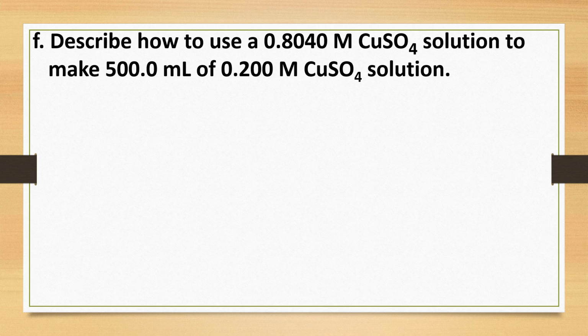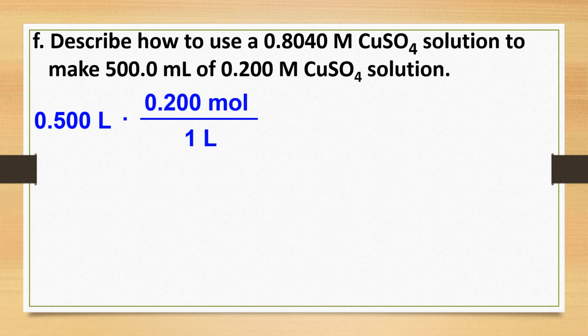In this case, I'm going to start with our volume, and it's already converted into liters, which is 500 milliliters is 0.5 liters. Then we're going to multiply it by the new molarity to give me the mole number. Remember, with molarity you can automatically switch the units into moles per liter.